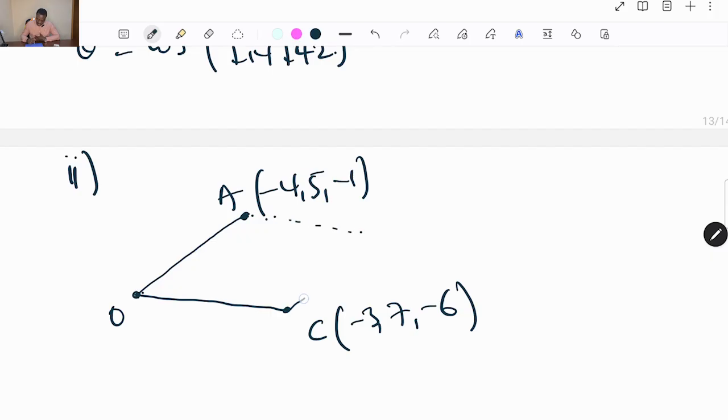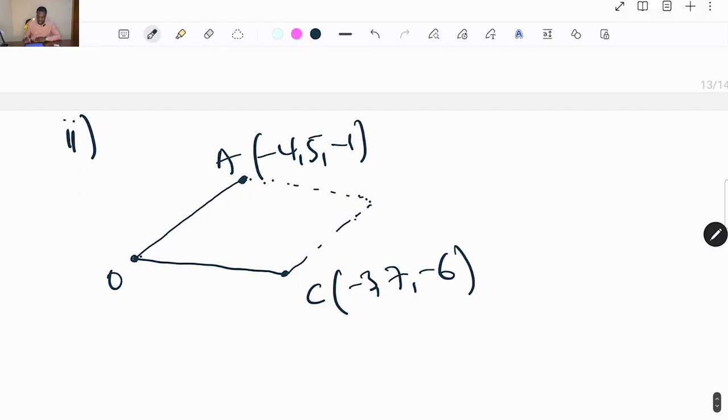That plane is going to be given by the cross product of vector A and C, which is a parallelogram. Now we can look at the unit vector which is normal to this plane.